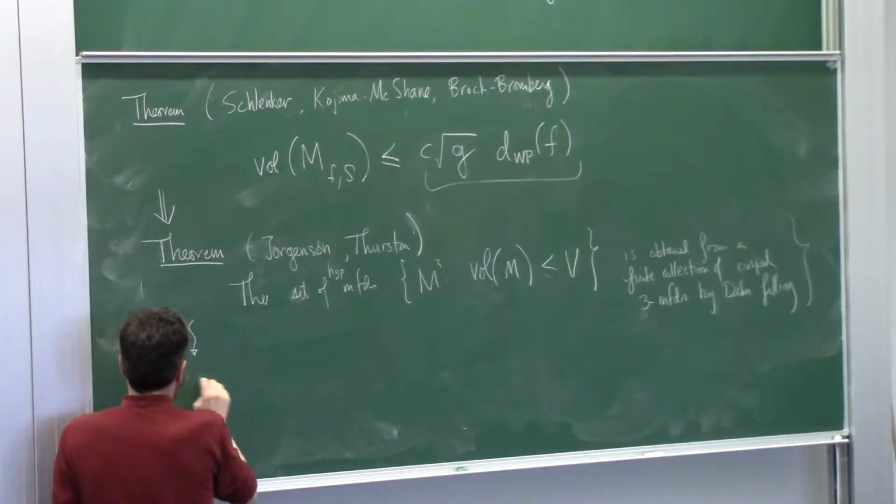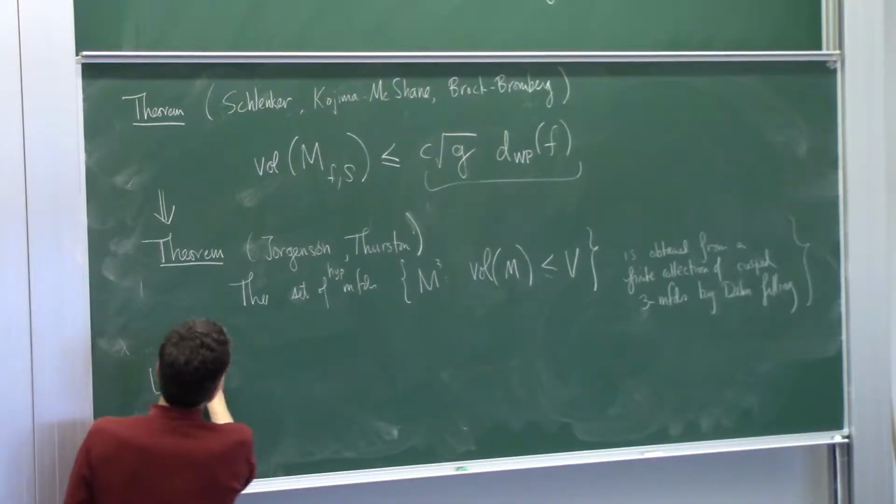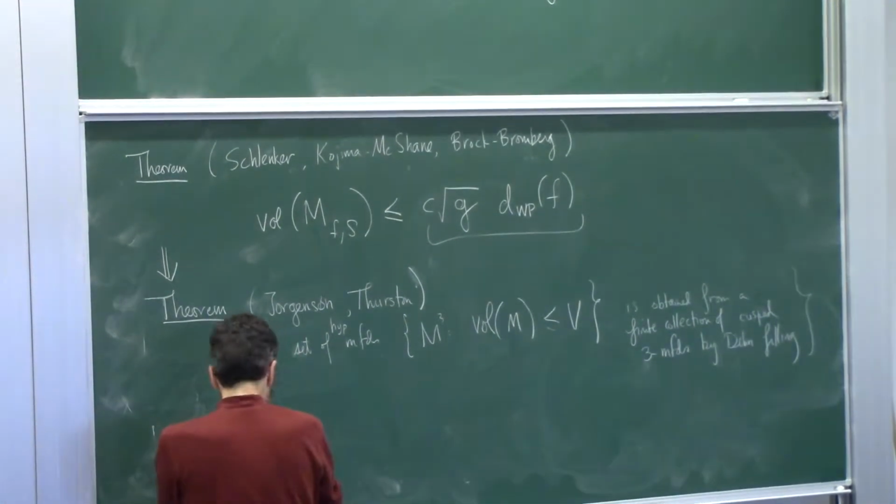So let M circle be a cusped hyperbolic three manifold. Actually, let me do this on a new board.